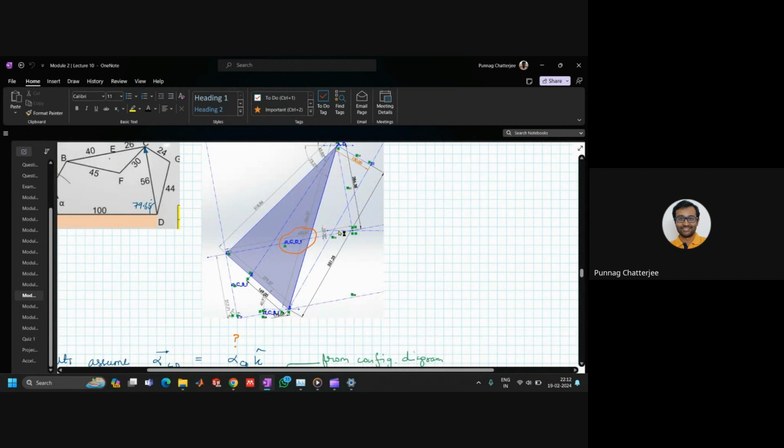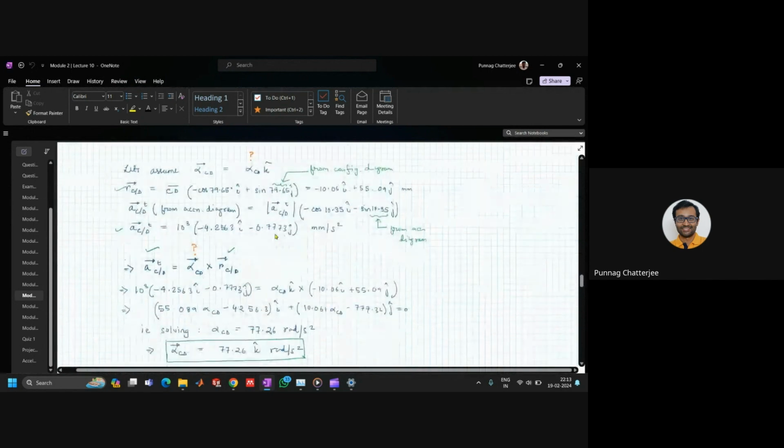It's 10.36 degrees with respect to the horizontal, which means this vector is lying in the third quadrant. Remember, in the third quadrant, both my I and J components are negative. So this is minus cos and minus sine, with the value 10.35 degrees.